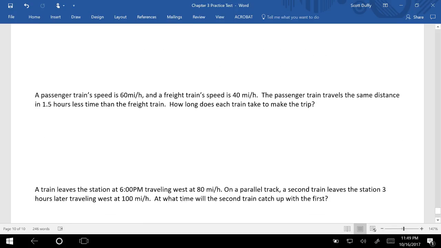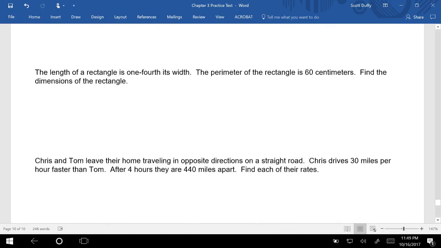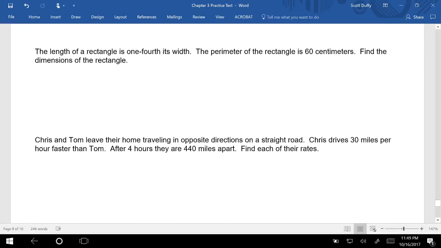So these are the last couple problems that are a little bit rough. Length of the rectangle is 1/4 its width. The perimeter of the rectangle is 60 centimeters. Find the dimensions of the rectangle. So I know that the length is 1/4 its width. So if this is the width and width, the length is 1/4 the width right there.